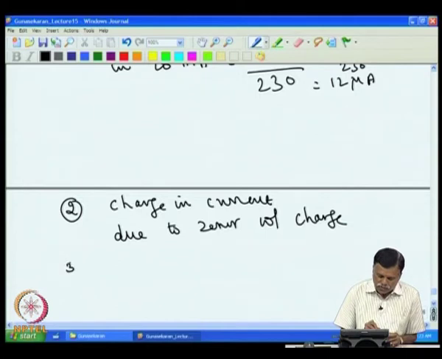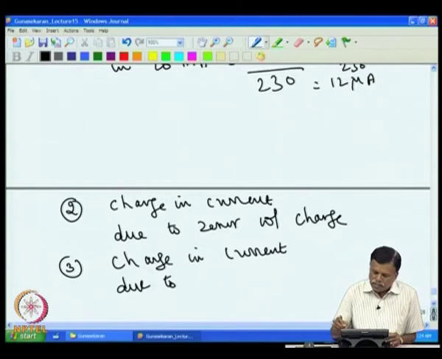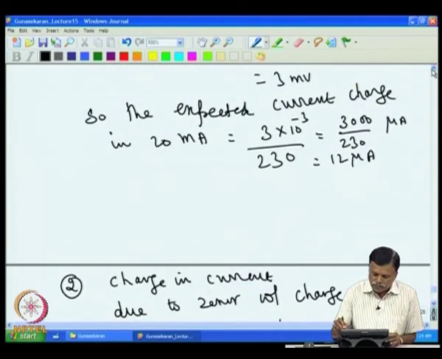Then we also have to compute change in current due to R10, R11 change.